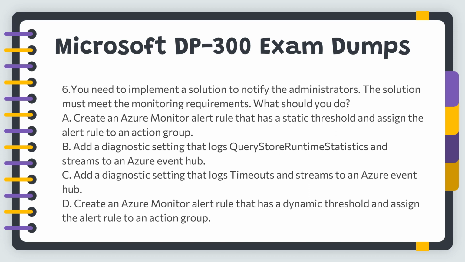B. Add a diagnostic setting that logs query store runtime statistics and streams to an Azure Event Hub. C. Add a diagnostic setting that logs timeouts and streams to an Azure Event Hub. D. Create an Azure Monitor Alert rule that has a dynamic threshold and assign the alert rule to an action group.